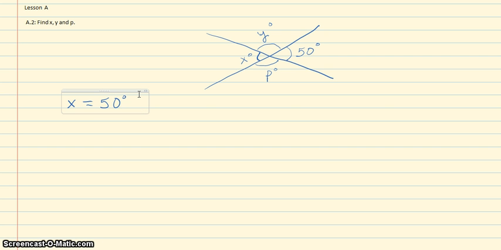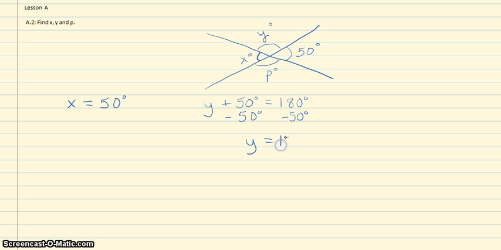They are equal. And now, if I combine y with 50 degrees, that would give me 180 degrees because they're supplementary angles. Y plus 50 degrees equals 180 degrees. I will subtract 50 degrees from both sides.